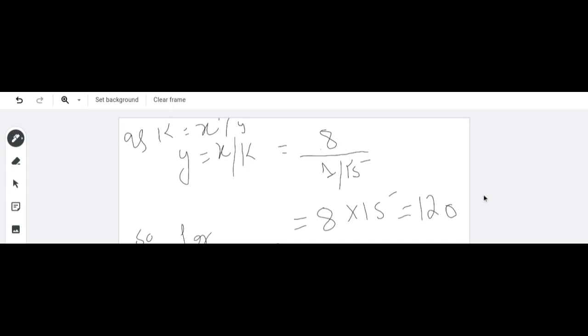Just like this, I put the value of x, which is 8, and after that I put the value of k. Do you know this? If there is a double division in one situation, we can convert that into multiplication. By multiplying them, the answer is 120. So for the 8 liters, the car covers 120 kilometers. I hope you understood.